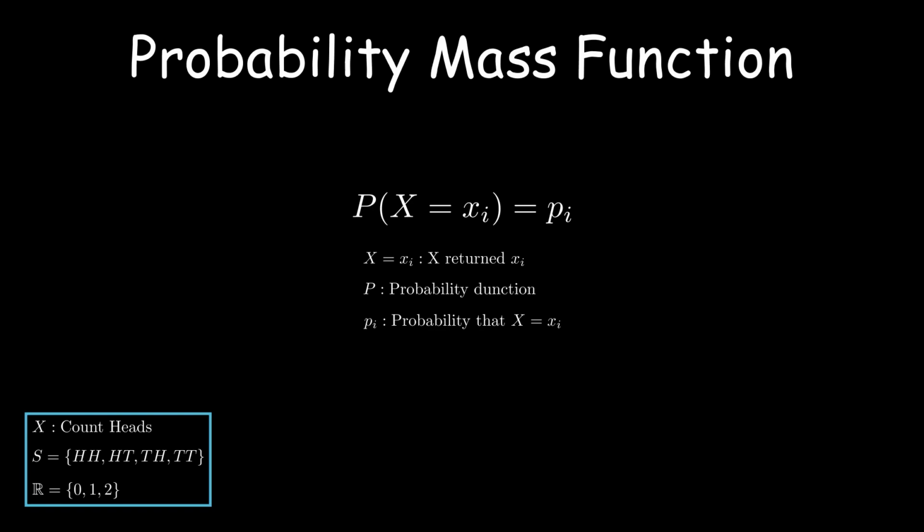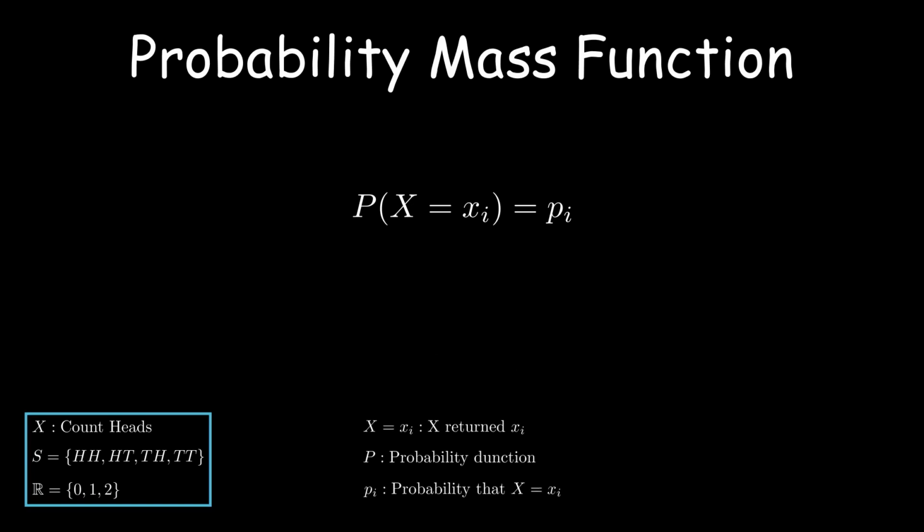Let's understand this definition using our running example of the random variable X that counts the number of heads when flipping a coin twice. Let's say we want to find the probability that random variable X will return 0 heads after flipping the coin twice. Using the naive definition of probability, we can say that the probability of getting 0 heads is the number of ways we can get 0 heads divided by the total number of outcomes.